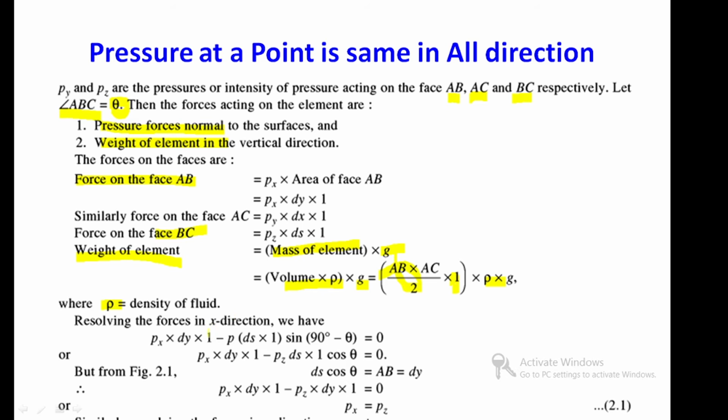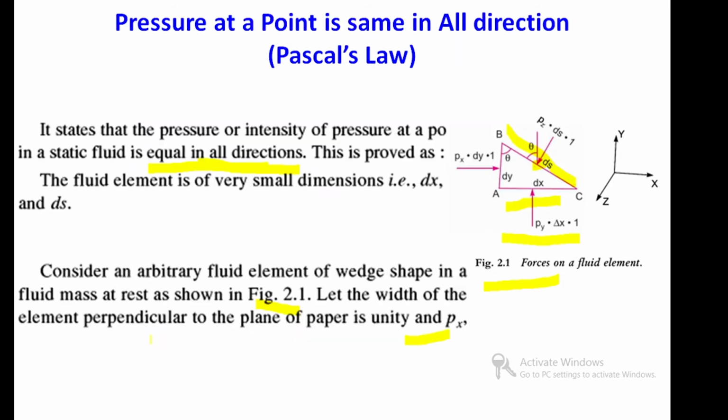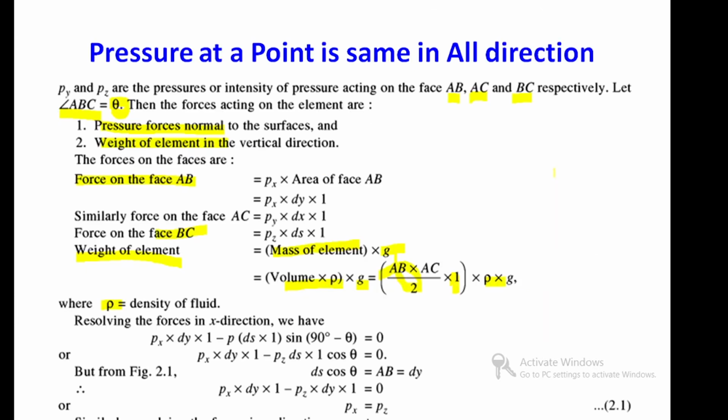Resolving the forces in the x direction. What are the x direction forces? Here, because of the inclination, you have a horizontal component force and a vertical component force.